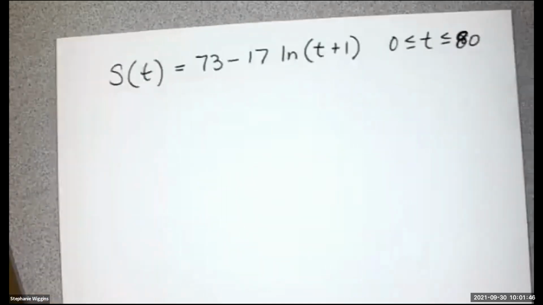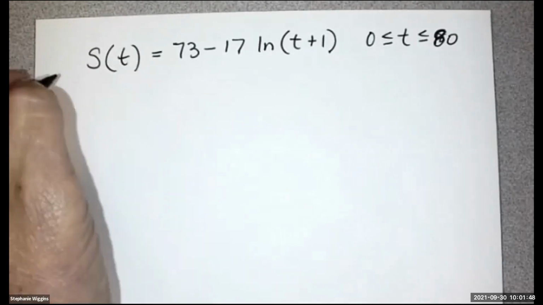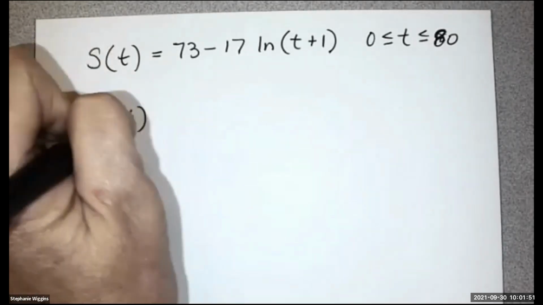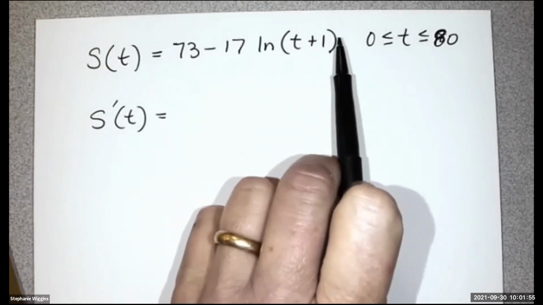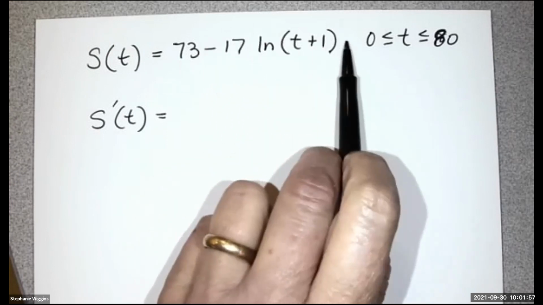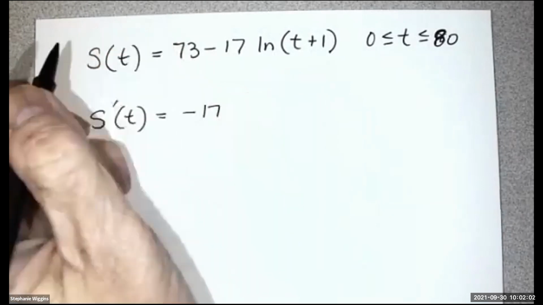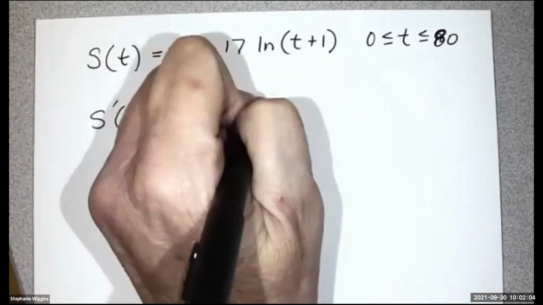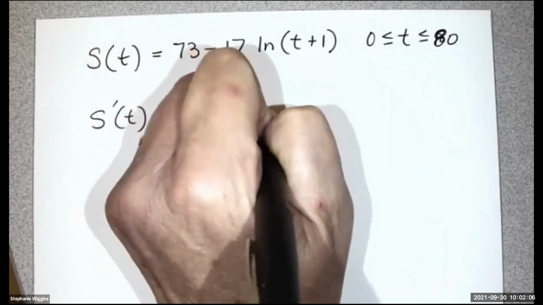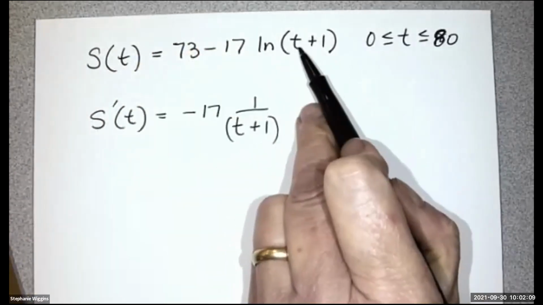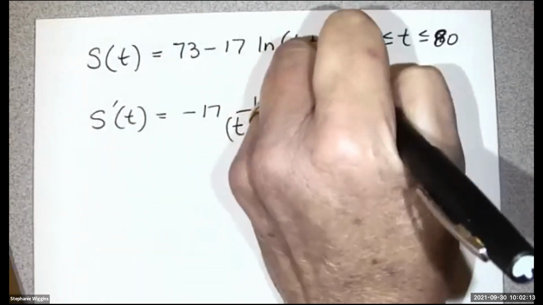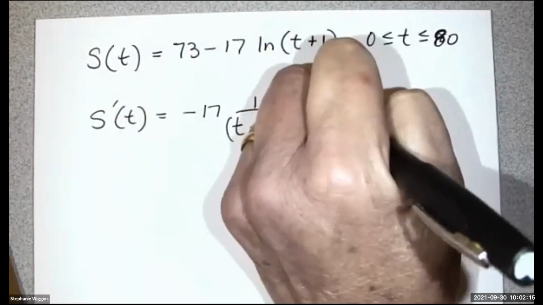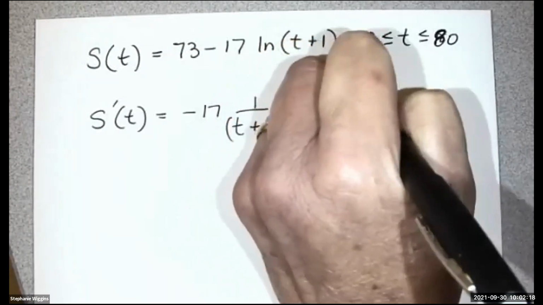So here's our function. We're going to take the derivative. Of course, the derivative of a constant is 0. So we basically are just taking the derivative of this natural log function. So you take minus 17 times the reciprocal of this. So that's going to be 1 over t plus 1 and times the derivative of the inside. Well, that's just 1. So this is your derivative, minus 17 over t plus 1.